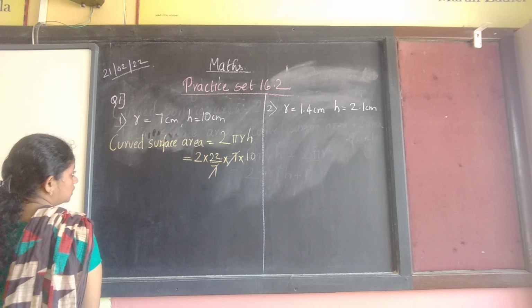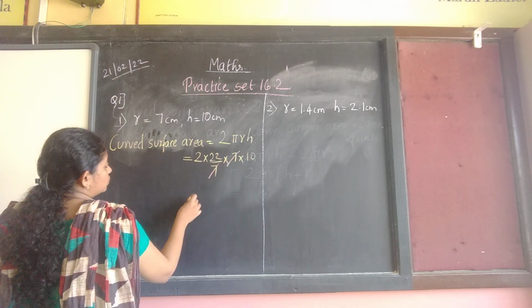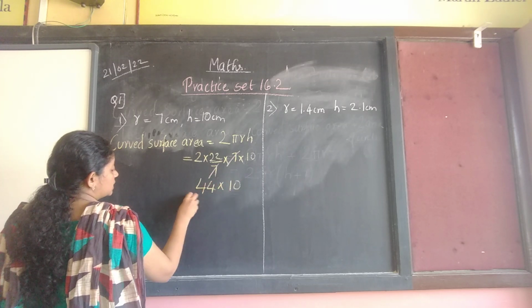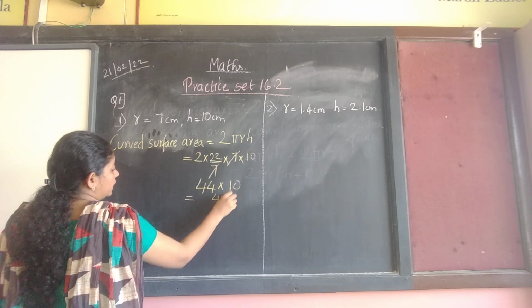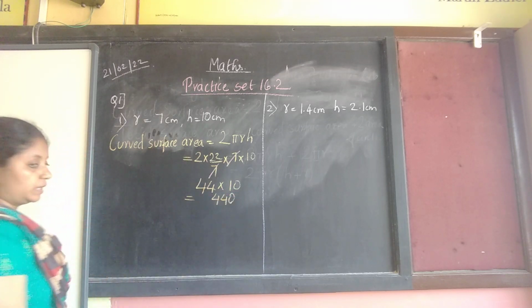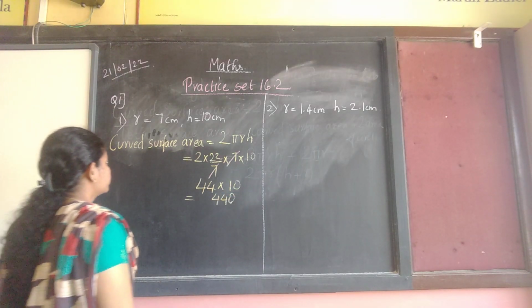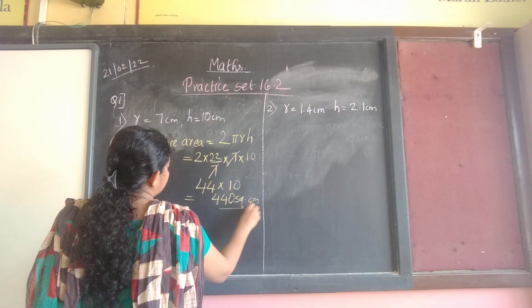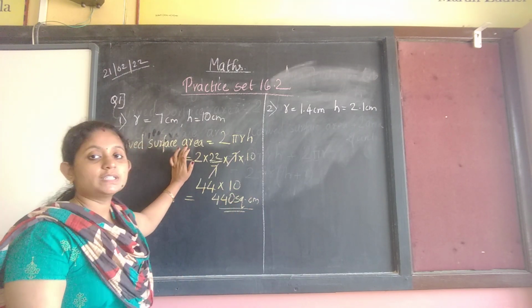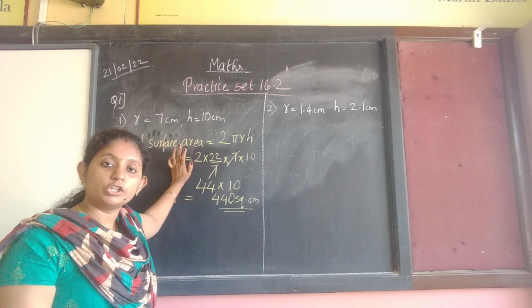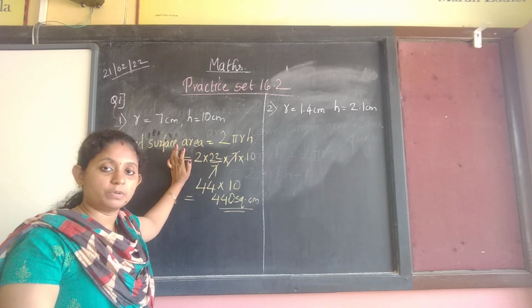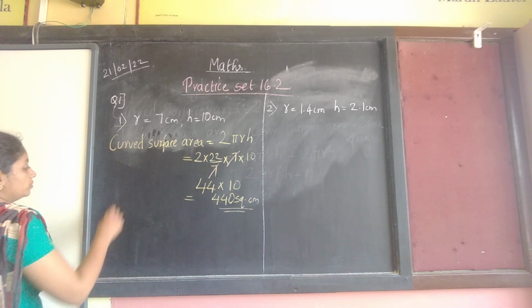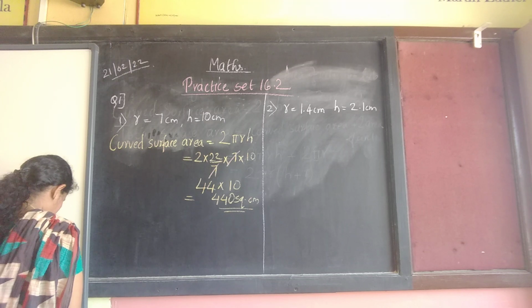So what we get is 22 twos are 44, into 10, so that is nothing but 440 square centimeter. Why square centimeter? Because we are finding area. For volume we will put cubic centimeter or cubic meter. For area we are going to put square centimeter. Now next, total surface area.